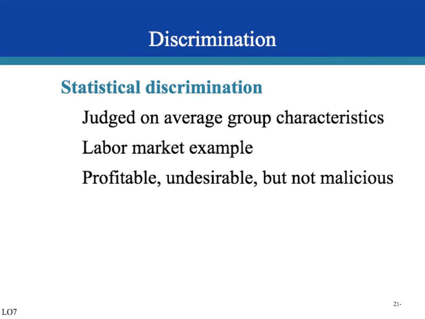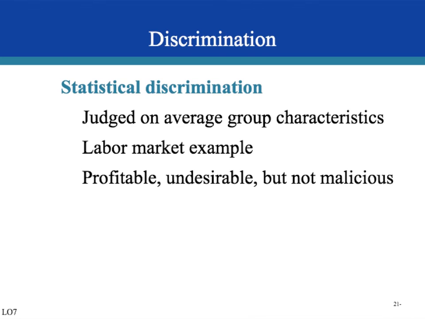Some discrimination occurs because a person is judged on an average group characteristic. For example, a lot of people say that the reason why women get paid less than men is because they're not hired as much, and they're discriminated against because women are more likely than men to quit their jobs eventually to take care of children, for example, and also they are less willing to move on average for a job. Now, if one woman is being interviewed, she may not fit that stereotype.